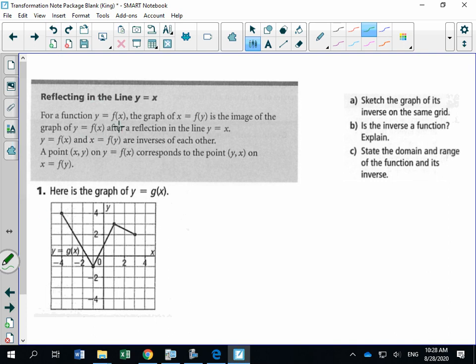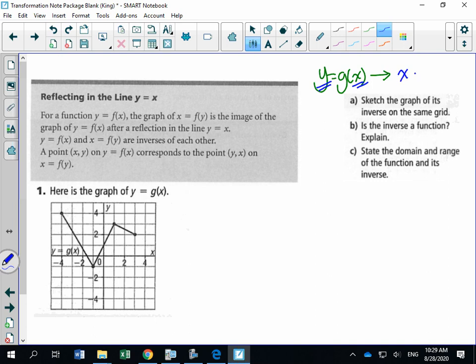Okay, let's look at this question here. So here's the graph of y is equal to g of x. And part A says sketch the graph of its inverse on the same grid. So if we're given y is equal to g of x, the inverse would be to interchange the x and y.